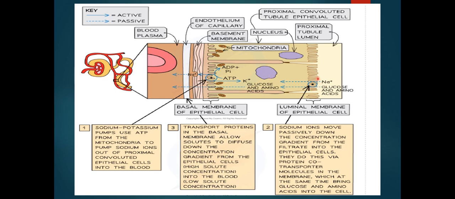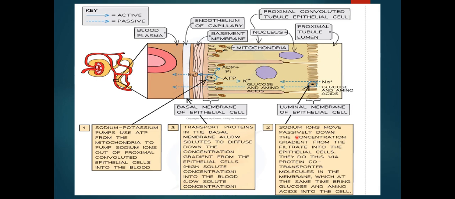But when they move from the lumen into the cells, they do this by the use of a co-transporter protein. What is a co-transporter protein? It's a protein that always brings another molecule with it, other than the sodium ion. If there's a sodium ion co-transporter, it's also going to bring another molecule with it, for example, a glucose or an amino acid.